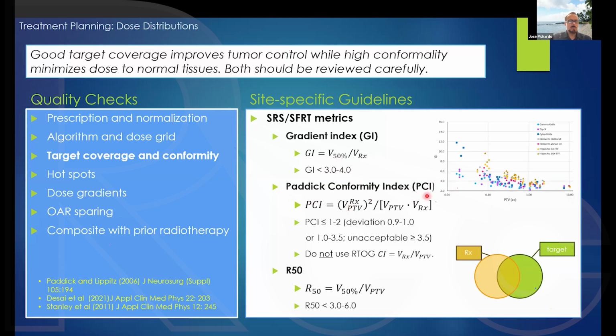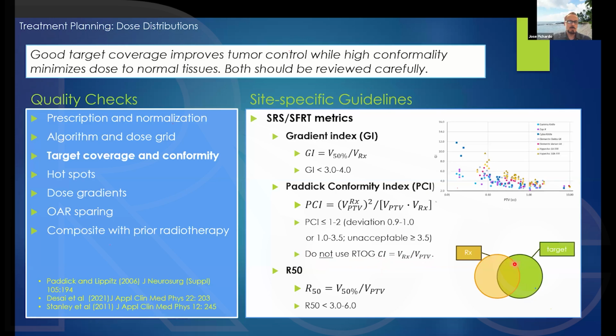The Paddick Conformity Index gives you a sense of conformity. Conformity means how well the prescription encloses or envelops the target. I'm going to start from this part where it says, do not use the RTOG definition for conformity index. Why not? Well, the conformity index in RTOG is calculated as the volume of the prescription divided by the volume of the PTV.